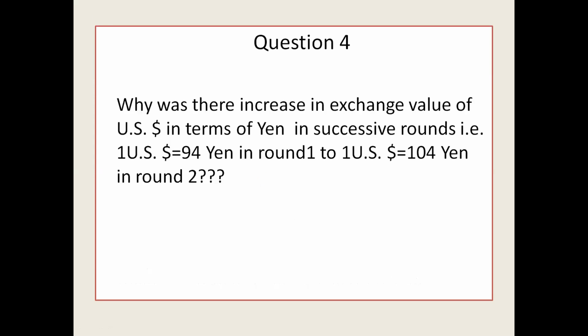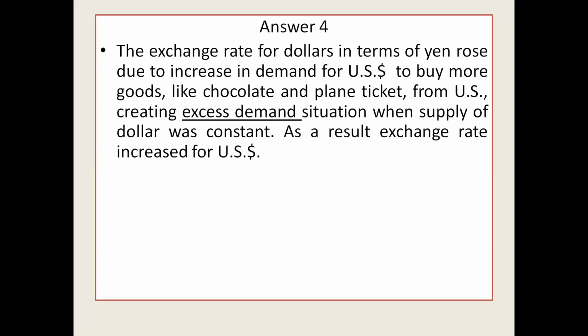Question 4. Why was there increase in exchange value of US dollar? In first round, you were willing to pay 94 yen. In the second round, you were willing to pay 104 yen for the same unit of US dollar. The answer is simple. It happened because of increase in demand for US dollar in the second round.